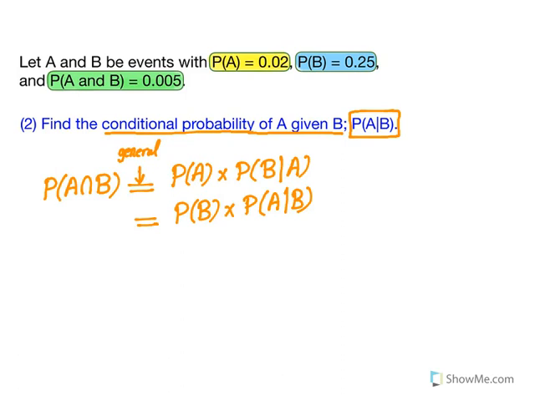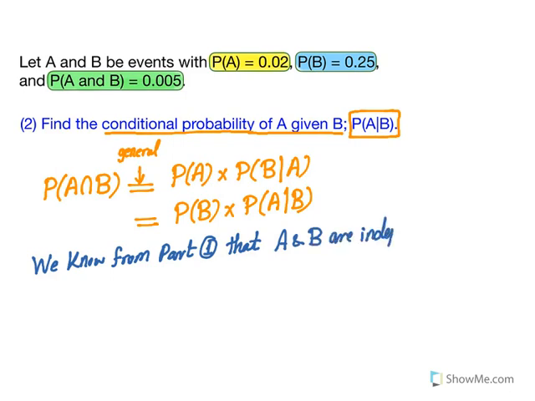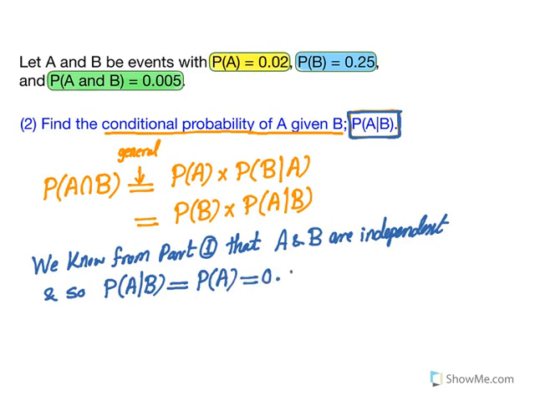But in this case, we know from part 1 of this question that A and B are independent, and so the probability of A given B, the one that they're asking you to find here, we know that they are independent already, meaning that if B happens, it will not affect A. So this should be the same as the probability of A, which is 0.02.